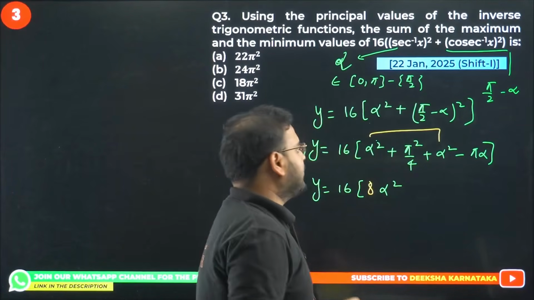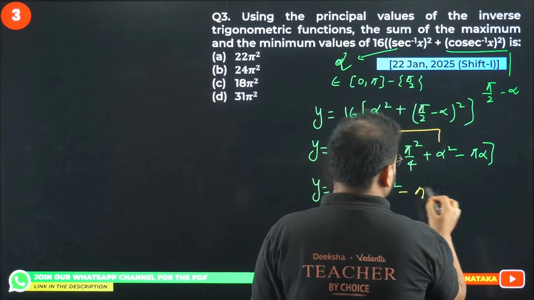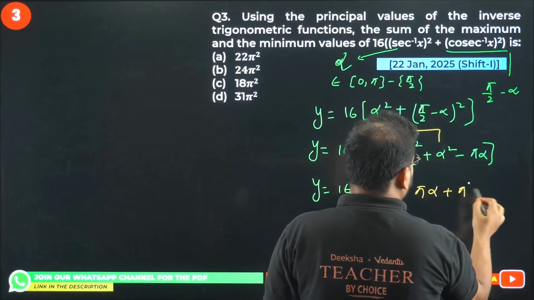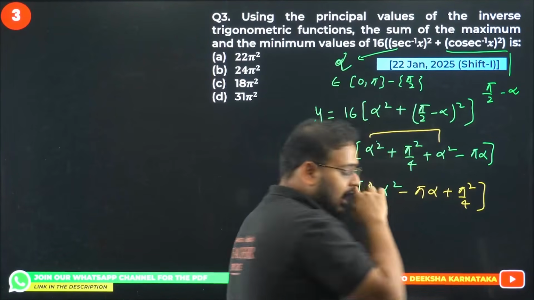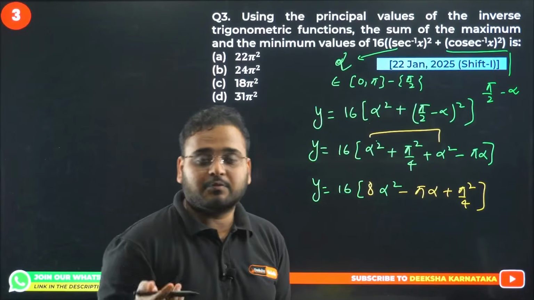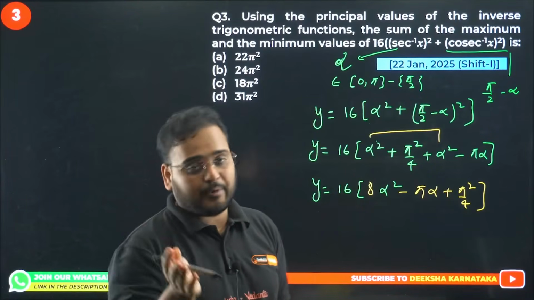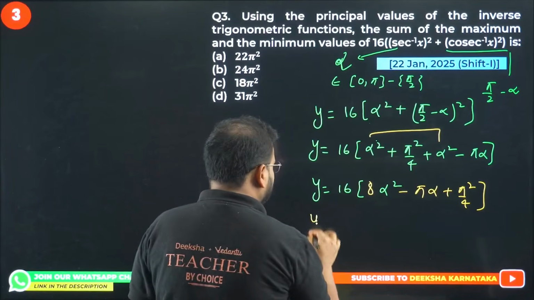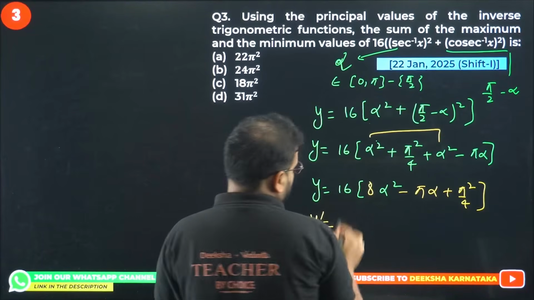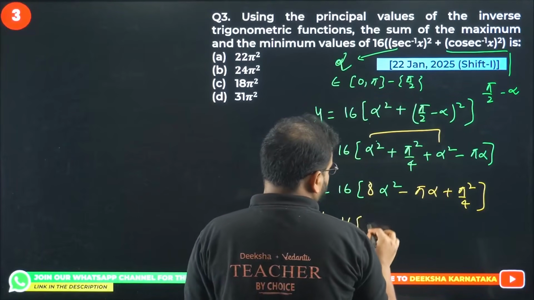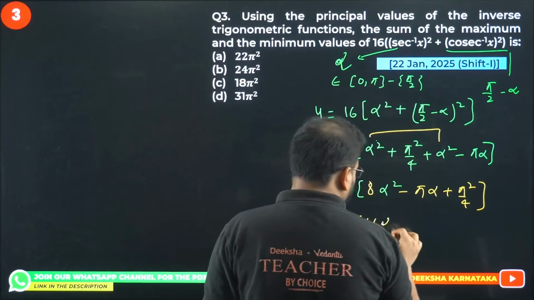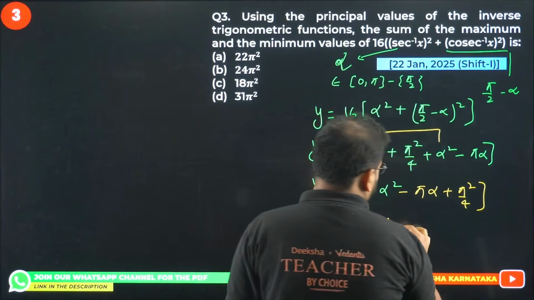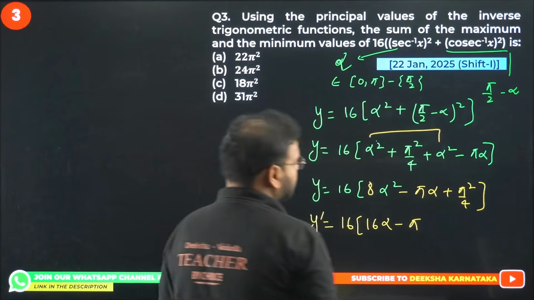So 8 alpha square minus pi alpha plus pi square by 4. How do you find any maximum minimum value? You have to differentiate to get the critical point. So let's do that. Find y dash.